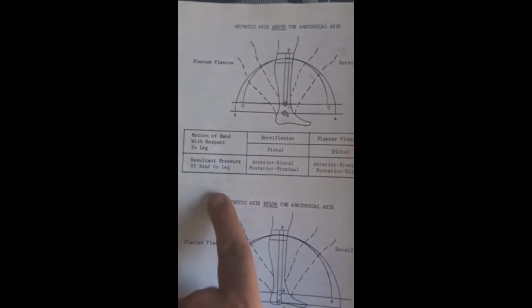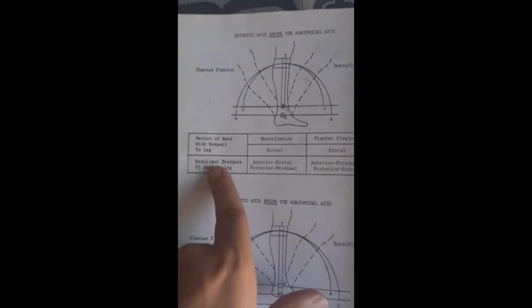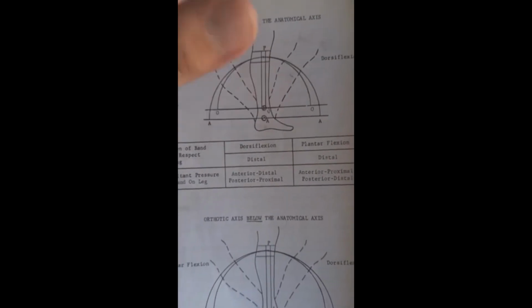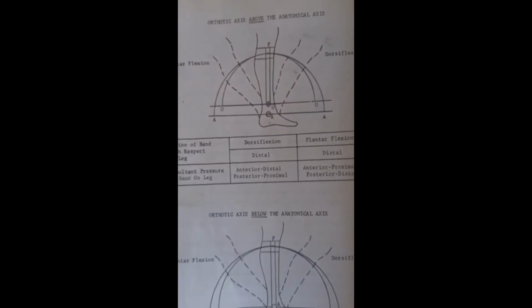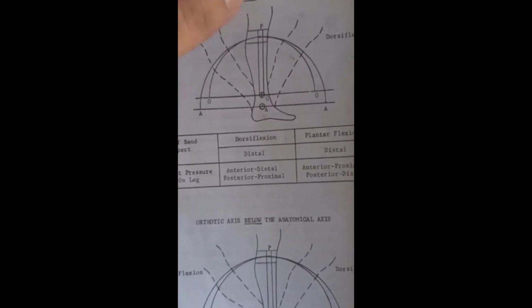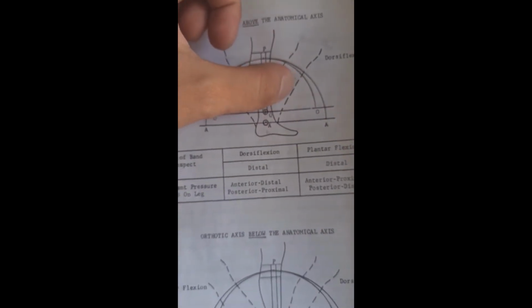Now we will explain the resultant pressure of the band on the leg, and for this we can take only O as a reference, because the pressure is caused when the orthotic joint moves. So we will see only the arc of O, the point of O at the posterior side and the point of O at the anterior side.